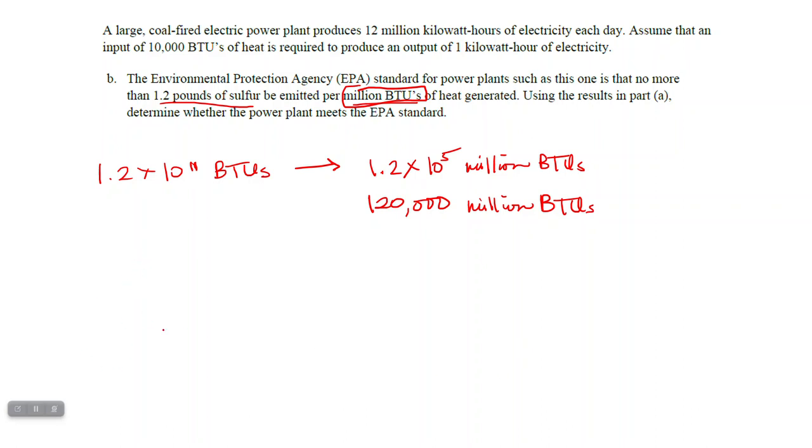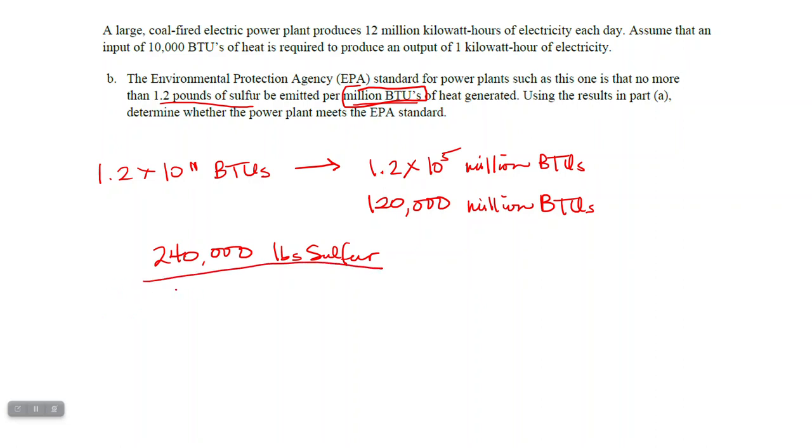Now, what we need to do is take the pounds of sulfur that we calculated in the previous question and figure out how many pounds of sulfur we're producing per million BTU. So we are producing basically 240,000 pounds of sulfur, right?